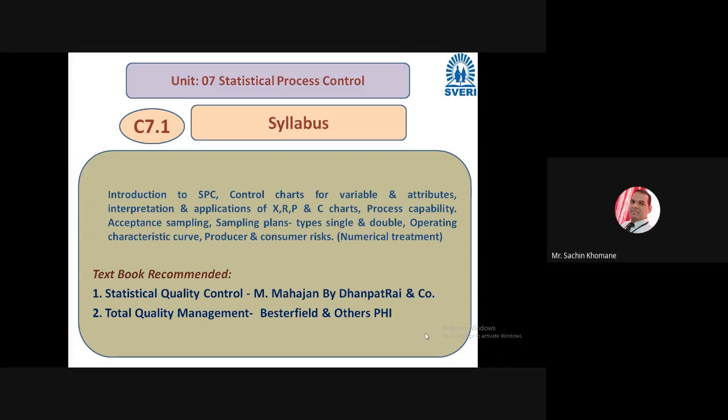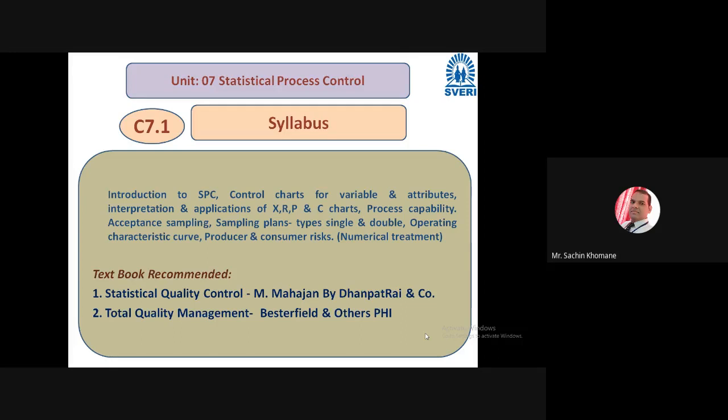All of us know that to produce a product, we should go with a certain process, and control is used at various places, but here obviously we are learning quality control, industrial management and quality control, right?